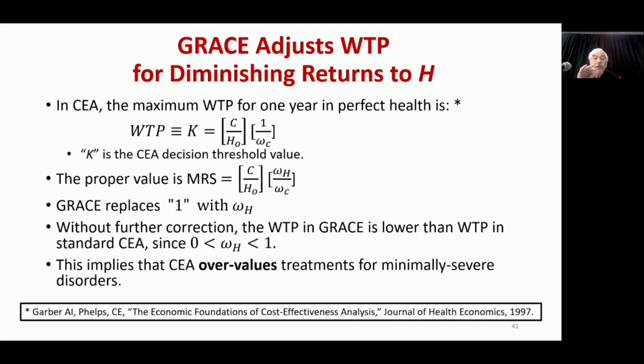And so that means we're overvaluing treatments for minimally severe disorders under cost effectiveness. That's a surprise to some people who think that this is a shill for pharmaceutical companies, but in fact, value goes down in Grace for minor illnesses.